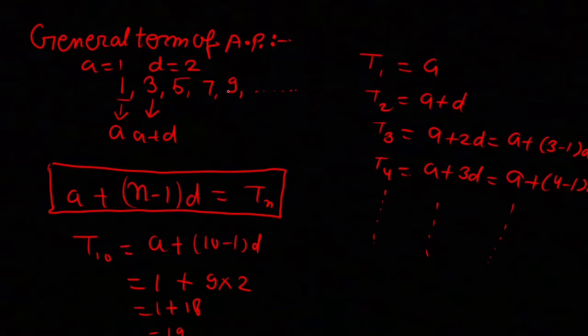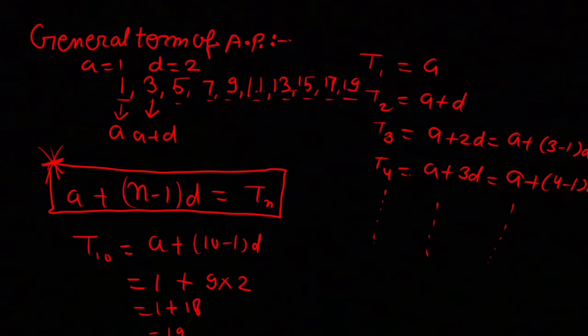If we use the basic idea, we get the same answer. Let's have a look: 11, 13, 15, 17 and 19. First, second, third, fourth, fifth, sixth, seventh, eighth, ninth, 10th. So this is the 10th term, and we are getting the same result. This means this is the formula for the general term of an AP, arithmetic progression.